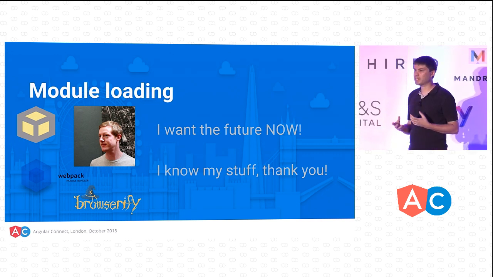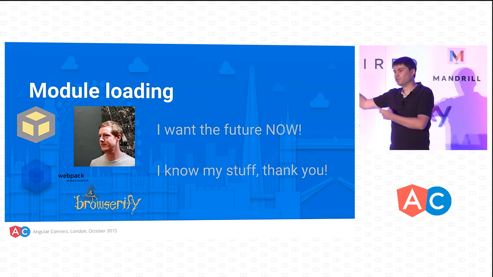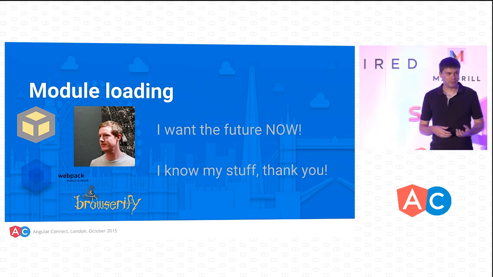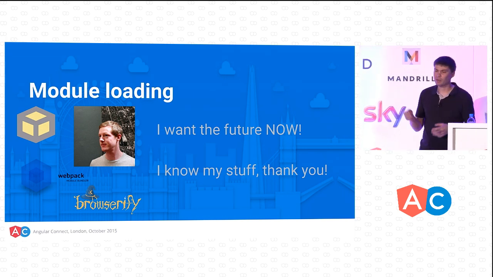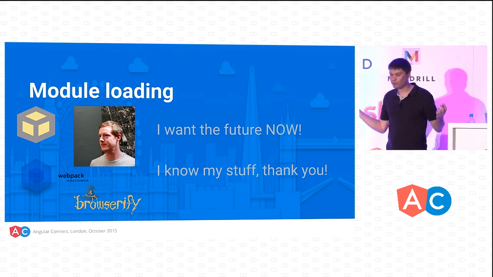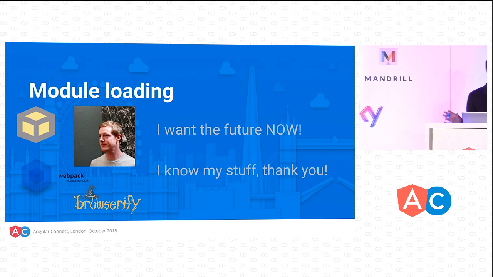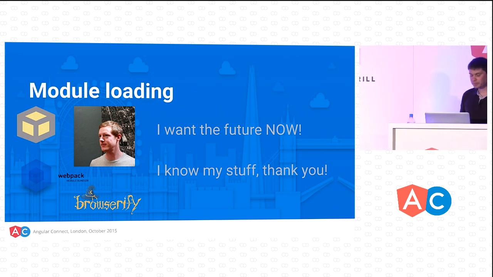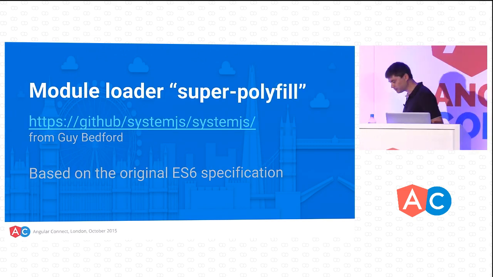Certain things were discussed and were partly specified. So I want to be part of this future. I want to use those things today. And the second part of the room will say, what you are talking about, there's no specification. I don't know how to load those things. I know my stuff. I was using Browserify for years. I know perfectly what I'm supposed to do, as long as you are giving me the CommonJS output. So let's explore those two possibilities.